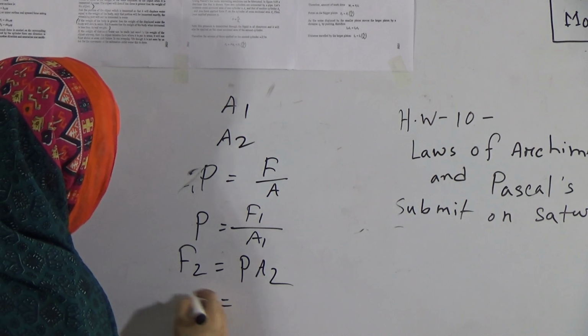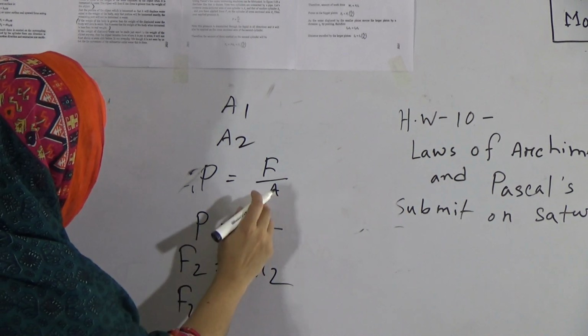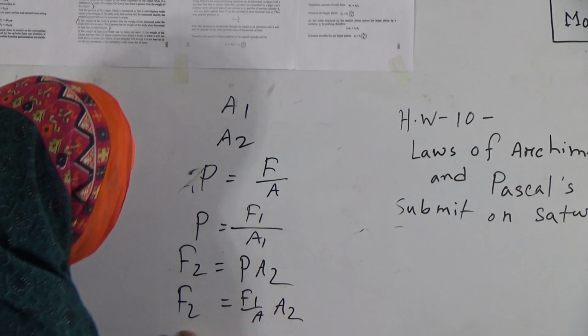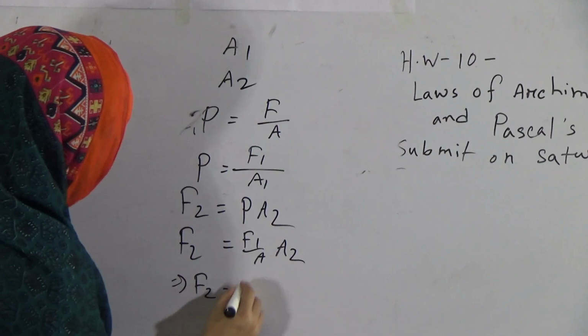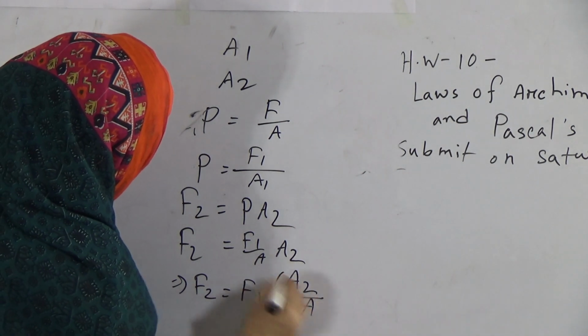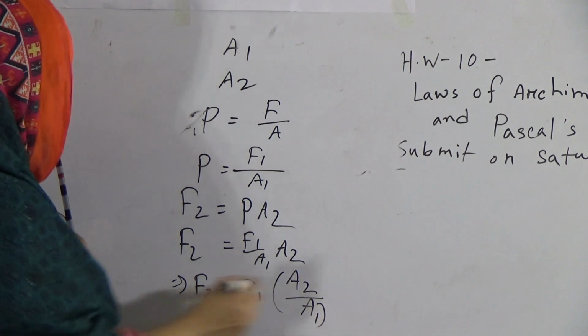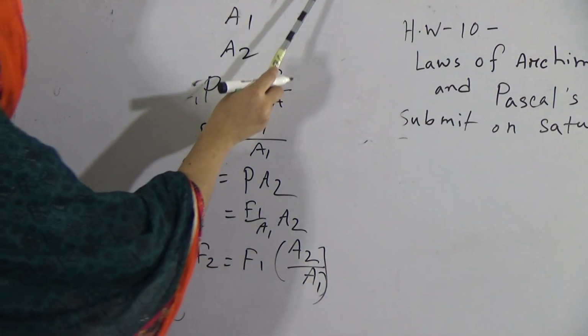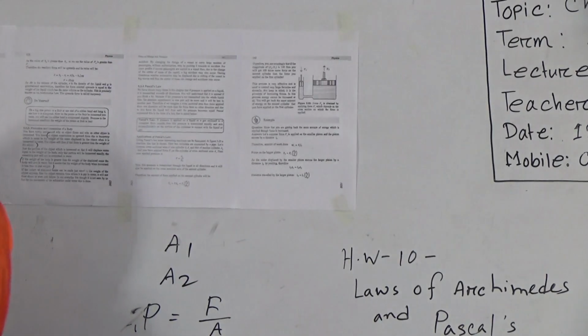Then put the value of P, which is F1 divided by A1, into A2. So we can write F2 equals F1 into A2 divided by A1. Okay, so this is the force for the second cylinder.